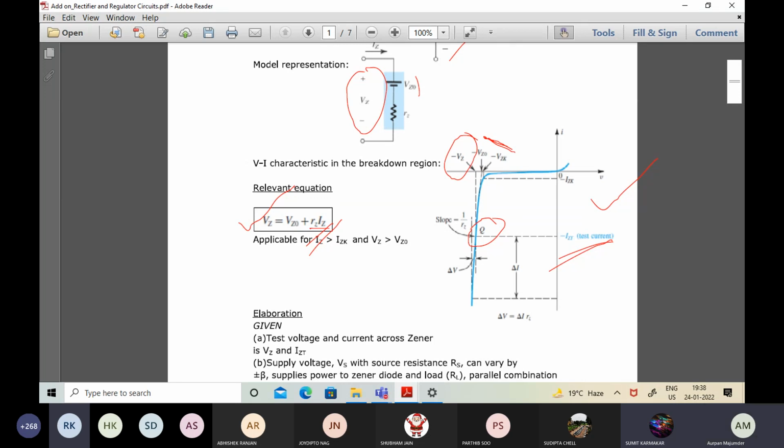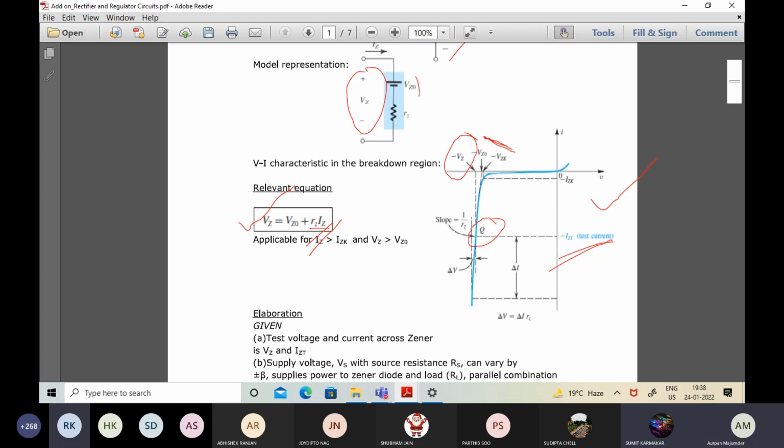What is VZ naught? If I draw a tangential line at point Q, the point at which it strikes the x-axis is VZ naught.